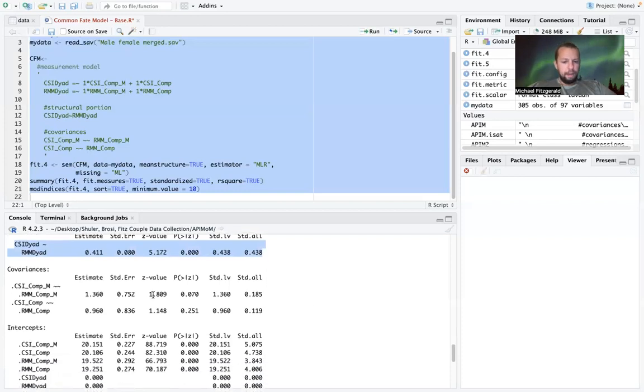All right, we'll take a look at the error covariances. Even if these are not significant, I still keep them in the model. Otherwise, we might be playing a game called whack-a-mole, where we hit some correlation down and it's going to pop up somewhere else in our model.